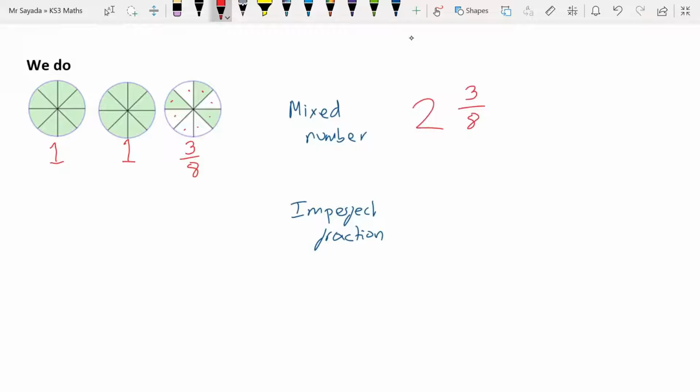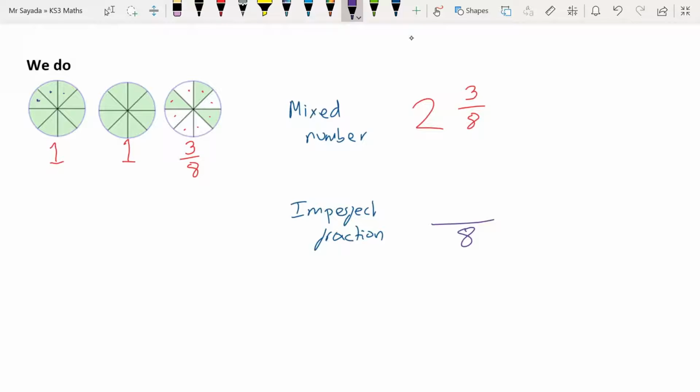You don't need to write the and, you don't need to write a plus, you just write 2 and then 3/8 next to it. That means 2 and 3/8. As an improper fraction, and I'm going to do this in purple, we still put the 8 on the bottom because these circles are still split into 8 equal parts. Each of those parts is an eighth. And then we just count how many complete eighths are there between the whole thing.